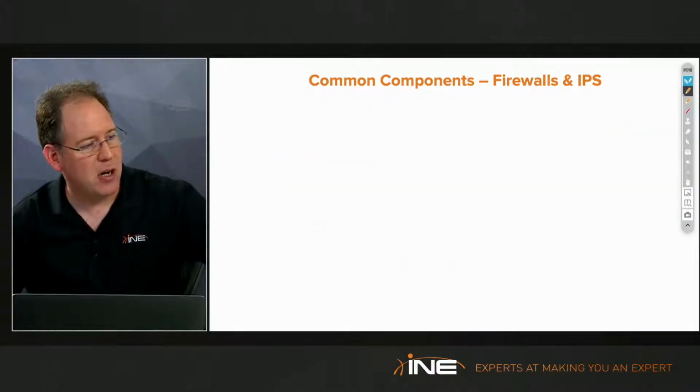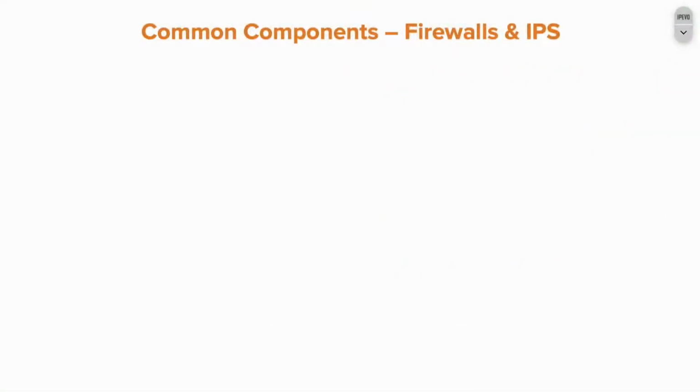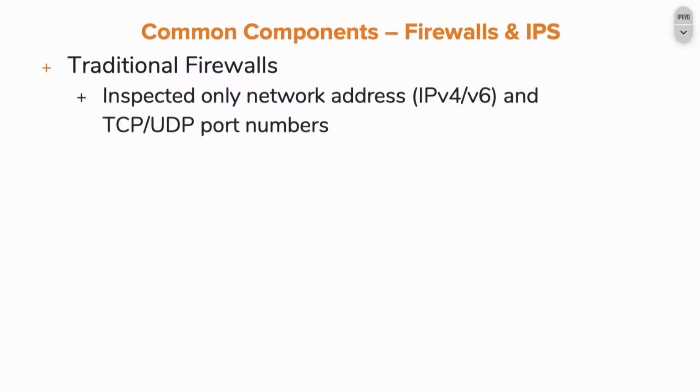Now, when it comes to firewalls, firewalls have greatly evolved over time. So originally there was something called traditional firewalls. What traditional firewalls did is they made the determination of, should I allow this data to go through me or should I drop it and kill it? They basically made it based on the address of that information, where that information was coming from, where it was going to.